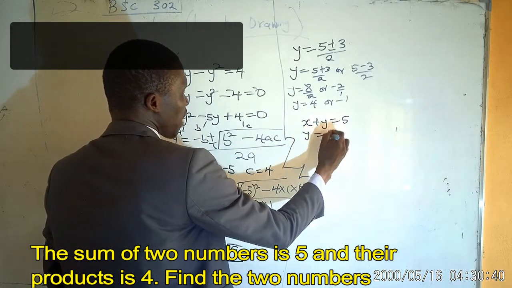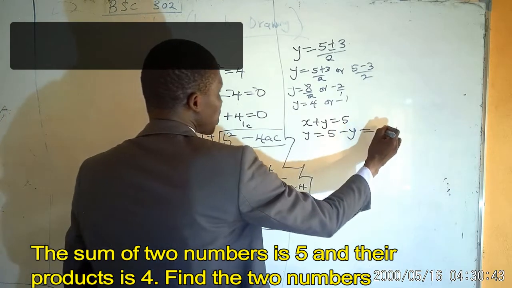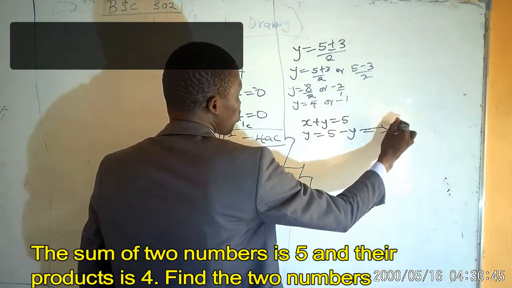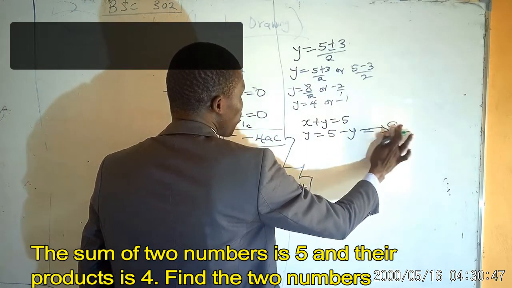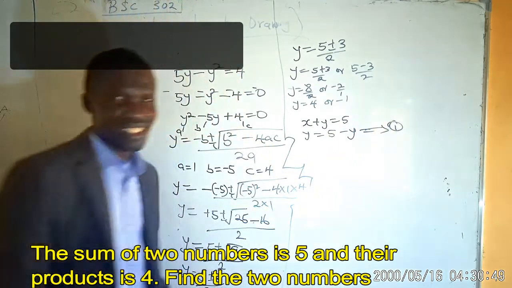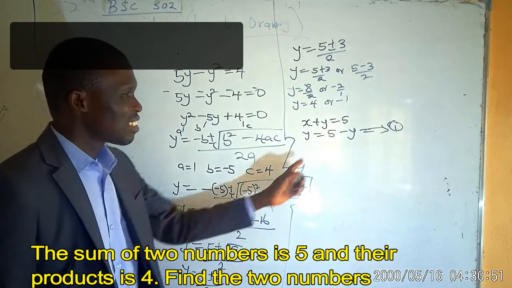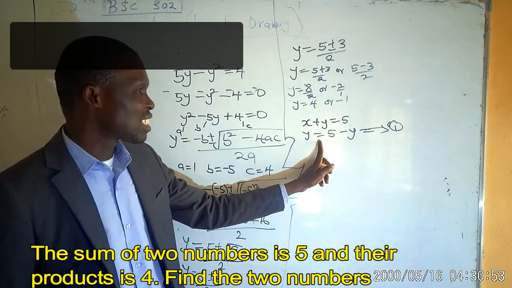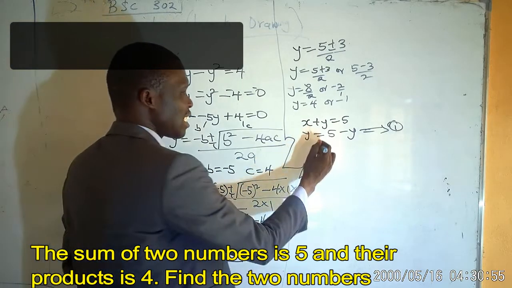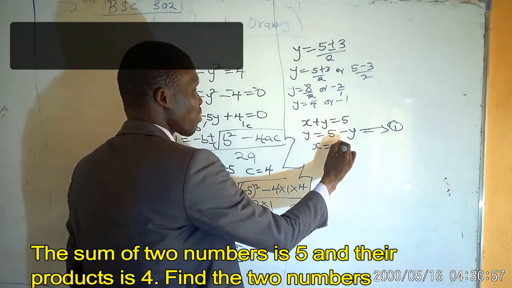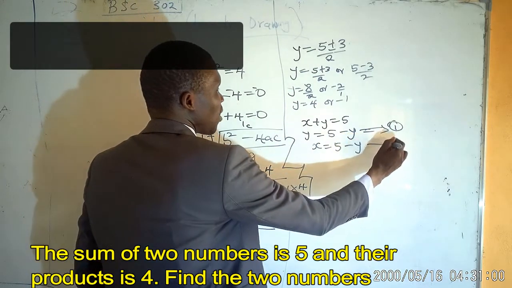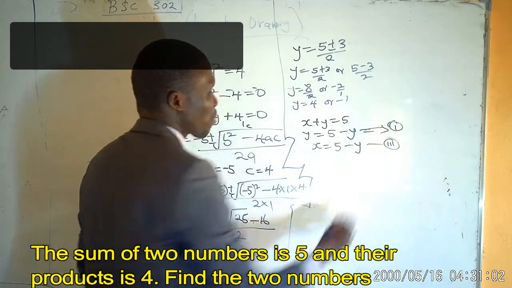x equals 5 minus y, which is equation 1. Yes, sorry, pardon me for that. Now, you know that this is our y. Then, our x is 5 minus y, which is equation 3.